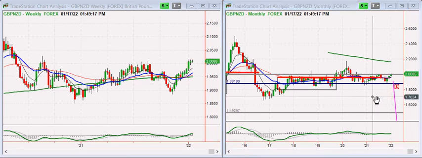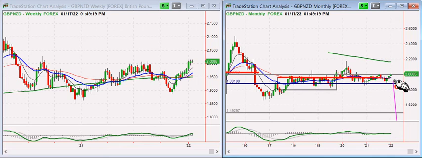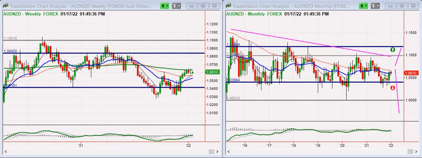If this level gets broken lower, I'm actually expecting a big move lower. So the Kiwi is stronger than the pound, which is quite surprising, right? We might actually see some good news coming out of New Zealand. That is good for a bullish Kiwi.